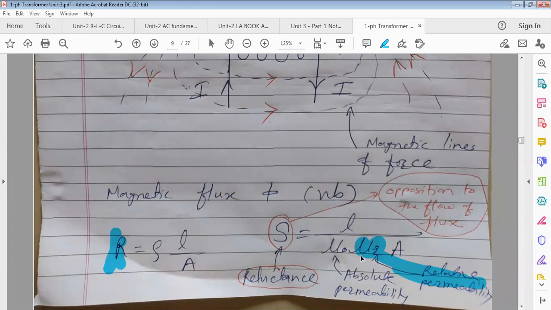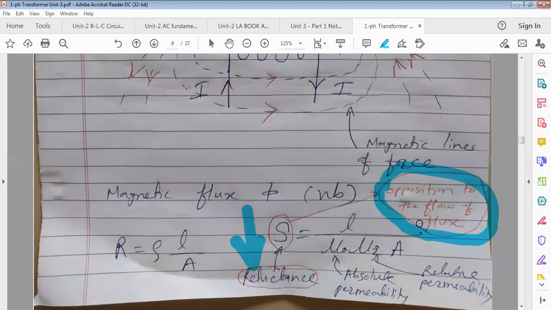Similarly here also, mu r from material to material is different. So if mu r is very high, what will be the reluctance? Low. Very less, isn't it? If reluctance value is very less, it means opposition to the flow of flux also will be very less. Means what? Maximum flux will flow through that material.